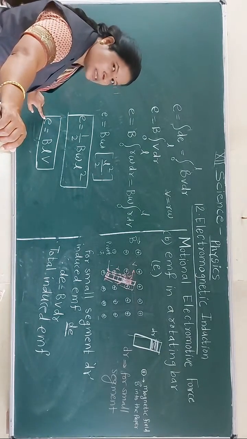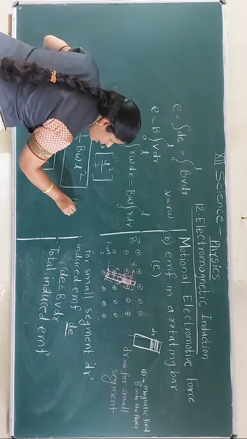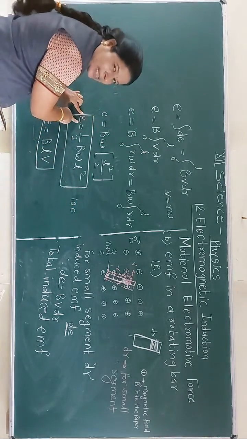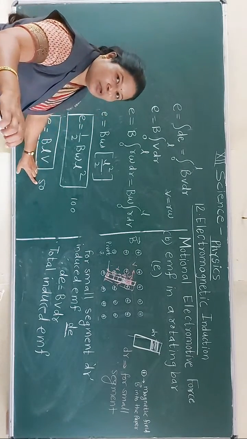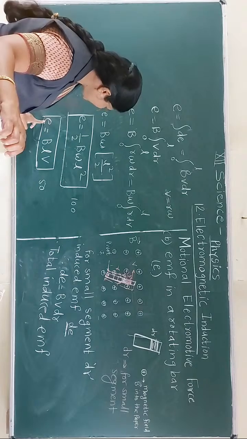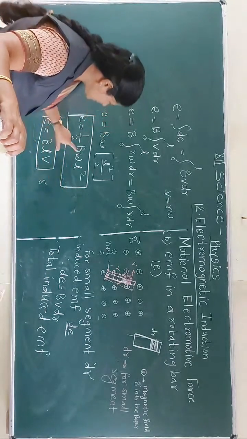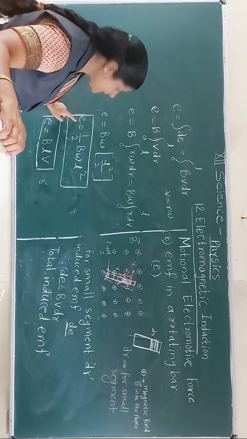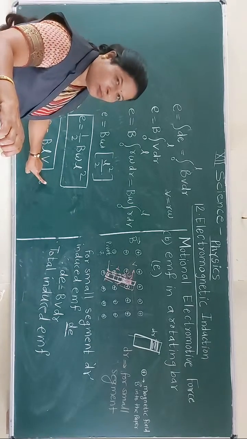For example, if the value of E here is 100, then in translational motion of the loop, we get E is equal to 50. So by comparing, this conclusion is drawn. We get the maximum value compared to the translational motion.